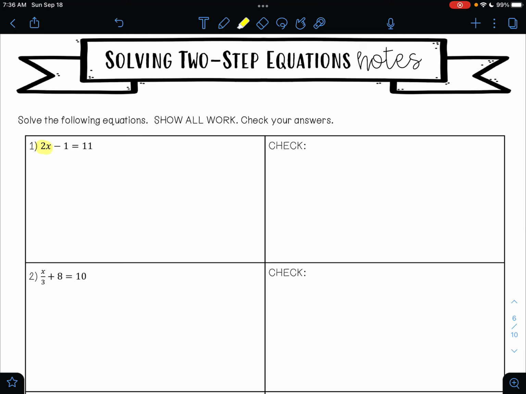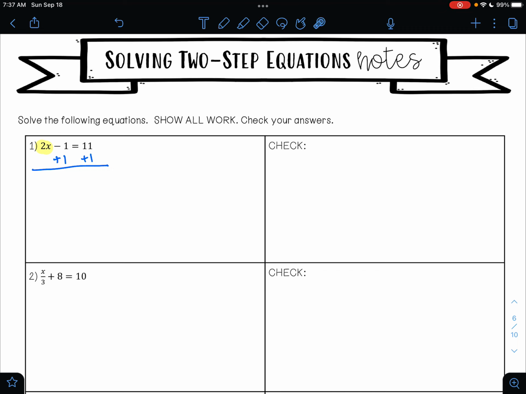What operation is happening to 2x? Subtraction. We are subtracting 1 from 2x. How do we undo subtraction? Addition. So I'm going to begin by adding 1 to both sides of my equation.